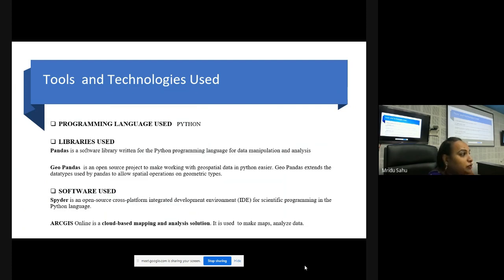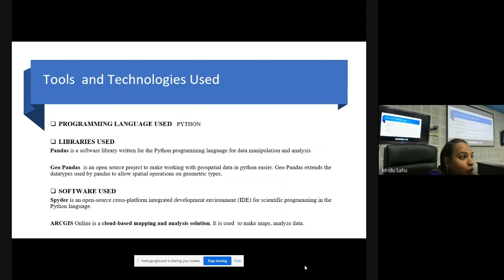Then the software you can use is Spyder. Spyder is an open source cross-platform integrated development environment, IDE, for scientific programming in the Python language. And we have taken information from the applied geology department for testing our work, because we are working with Python as the development tool.